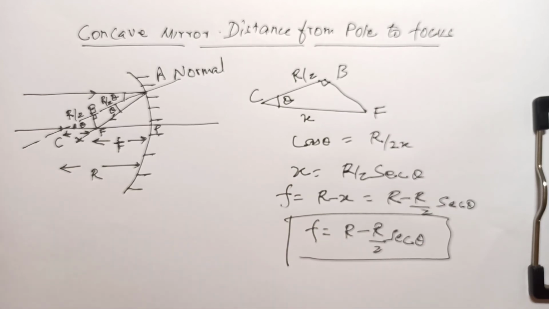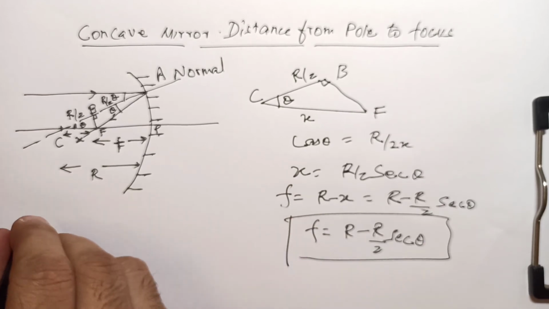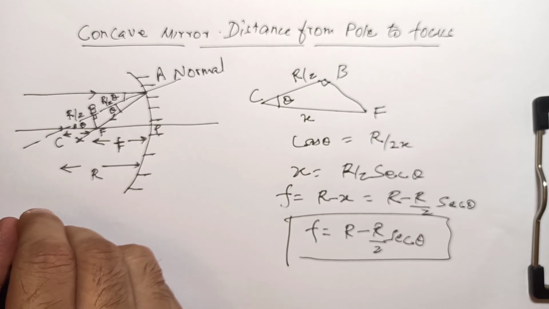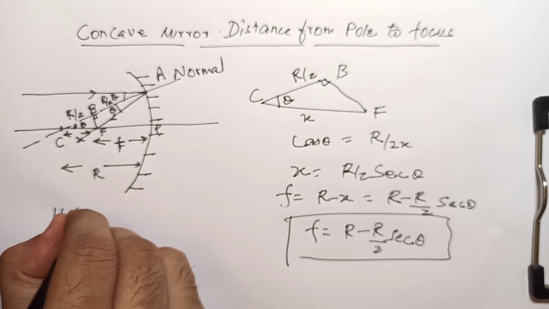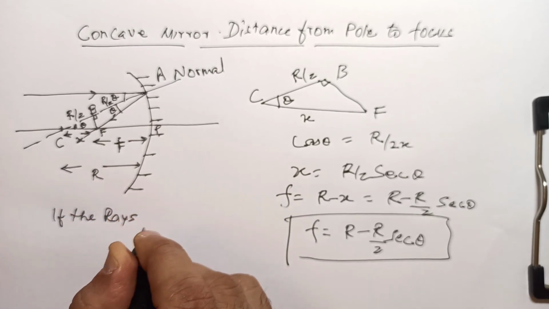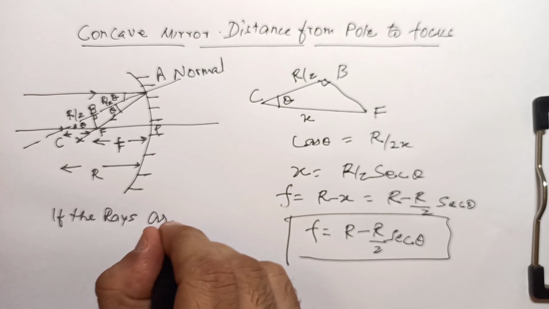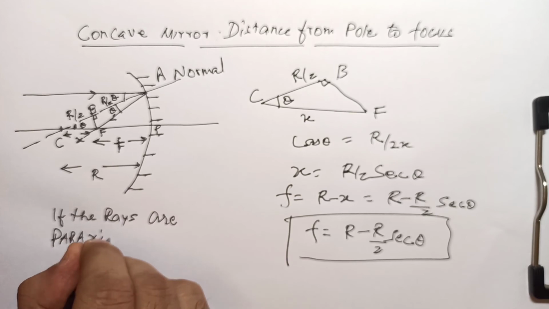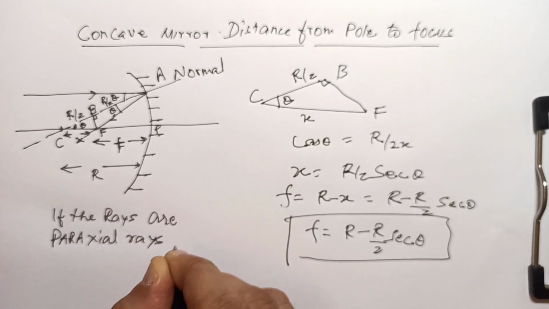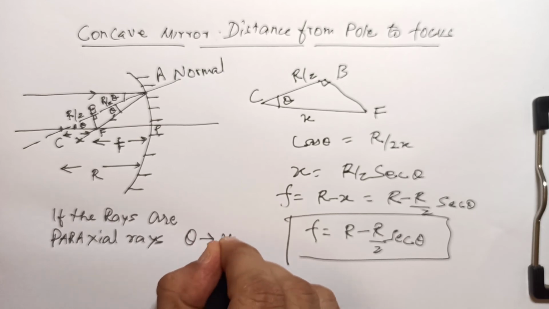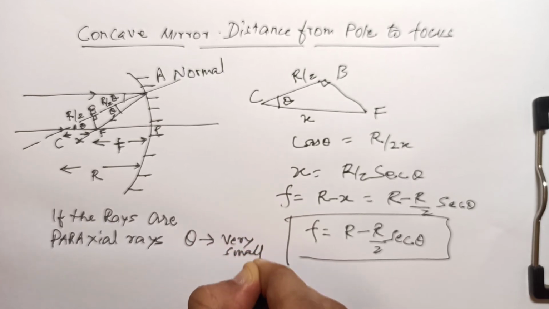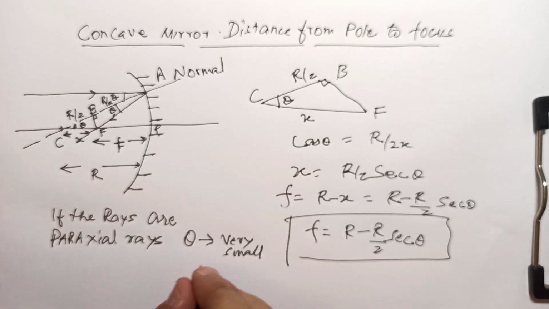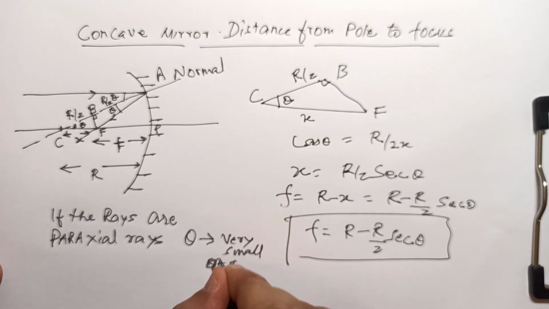Now remember, if the rays are paraxial rays, then theta is very small, so theta is approximately 0 degrees.